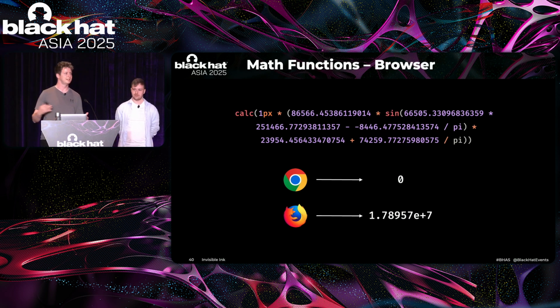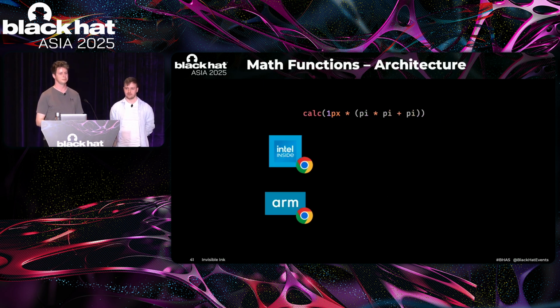And the reason why that even works, because, I mean, it's math, right? It shouldn't always result in the same thing. But the reason behind that are approximations of, for example, the sine curve here, the pi function, and rounding of floating points.